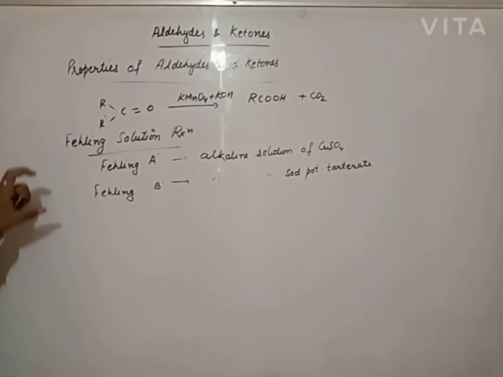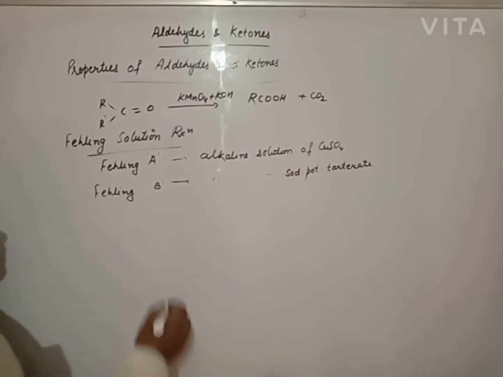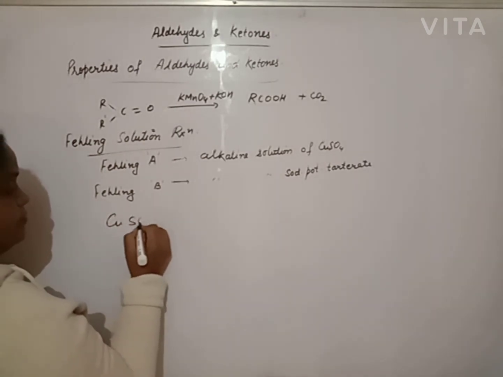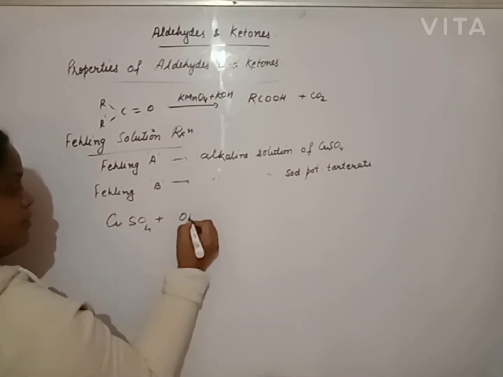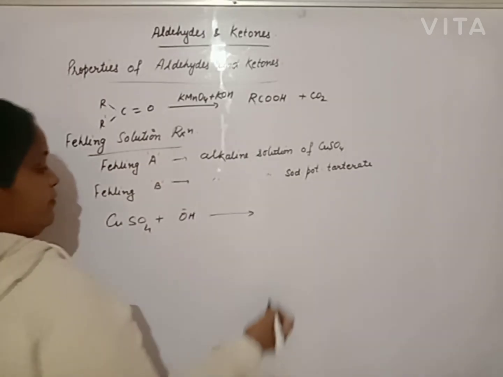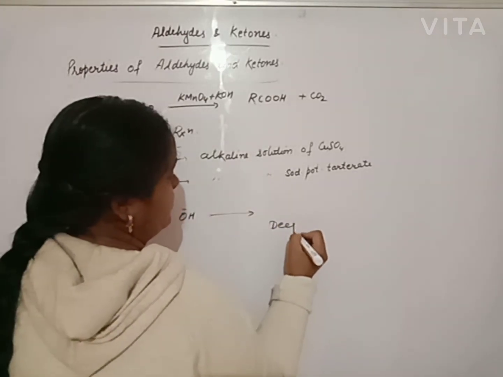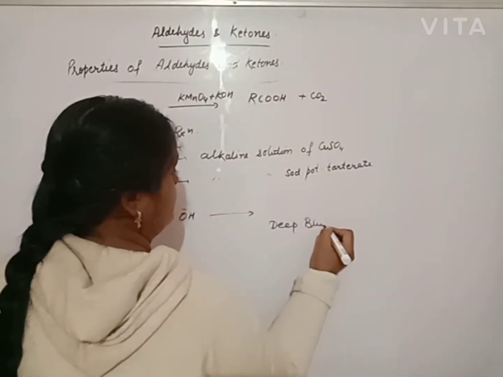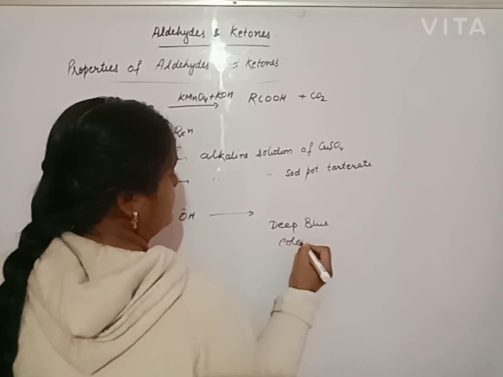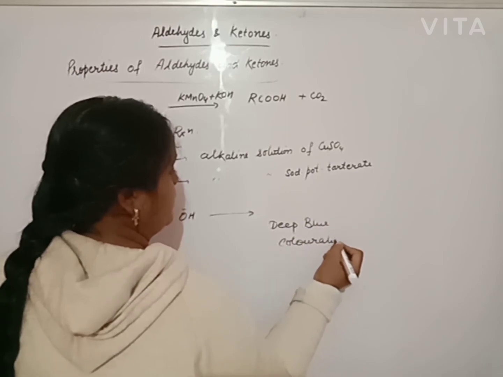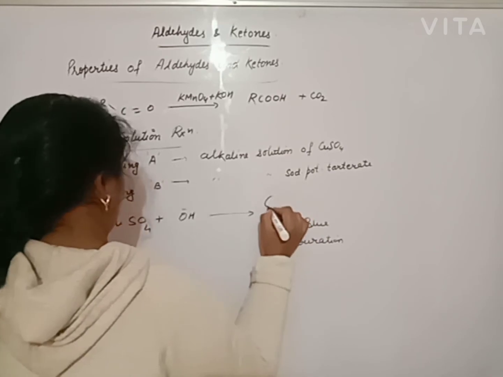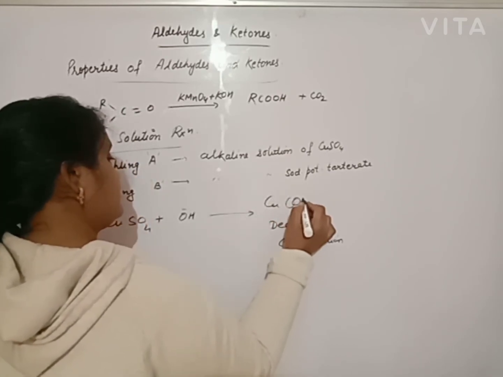Clear? When we mix these two solutions, beta, we will get deep blue coloration of copper hydroxide.